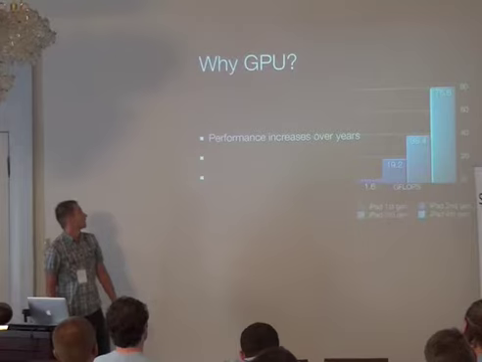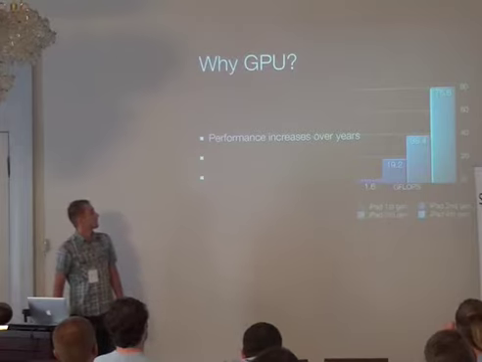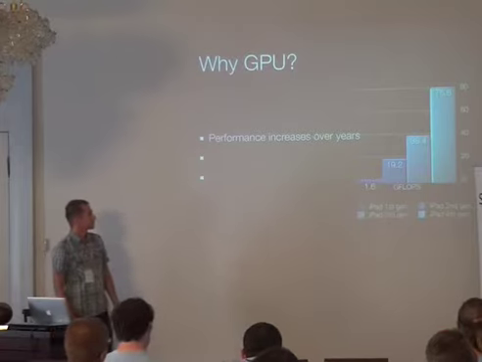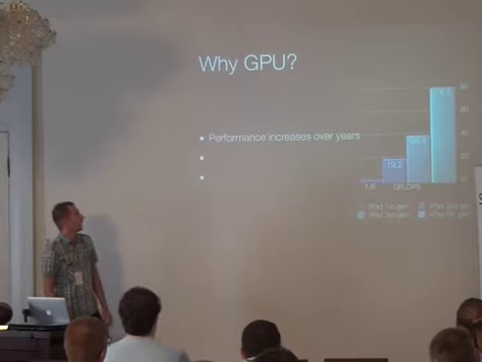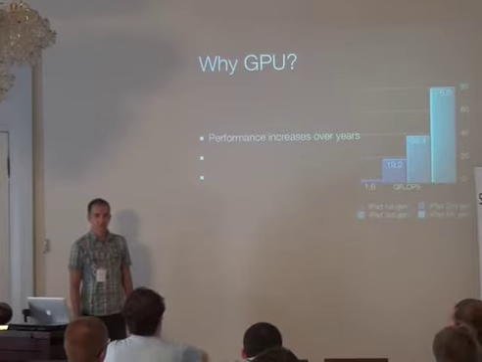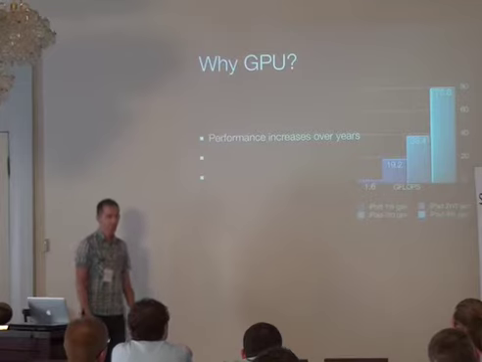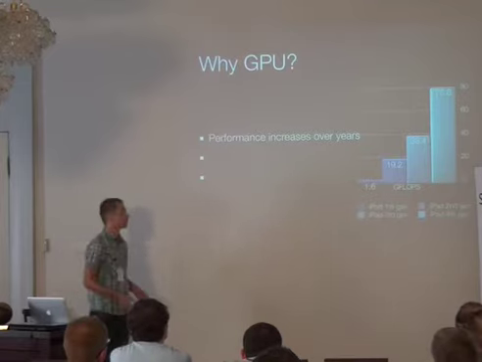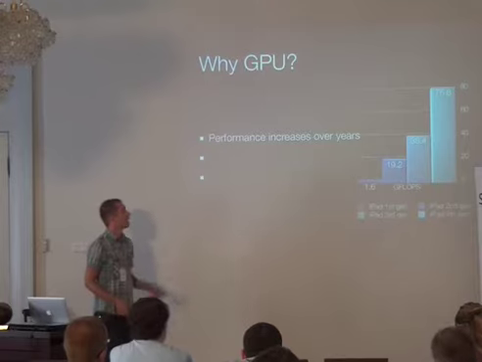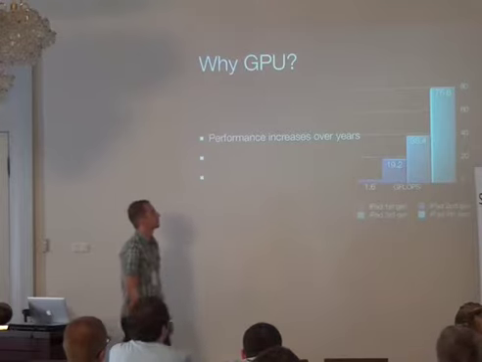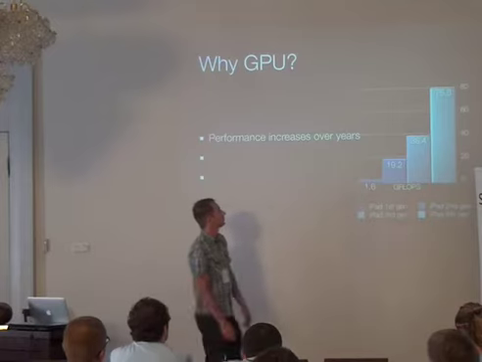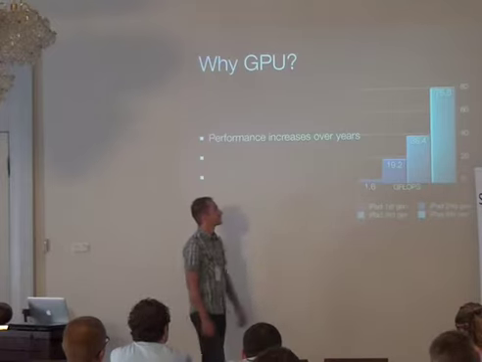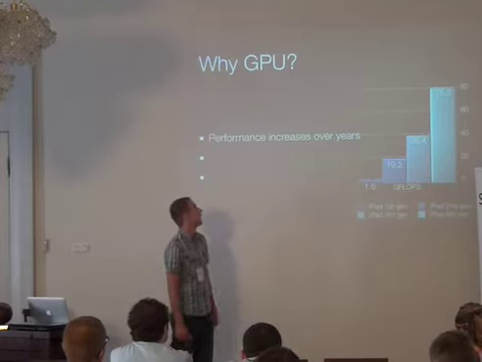Okay, and a few words about why we decided to choose the GPU. Luckily, game developers and game players move the market forward and ask for more powerful GPUs each year. I collected a few data points about GPU performance growth for iPad: first, second, third, and fourth generation.